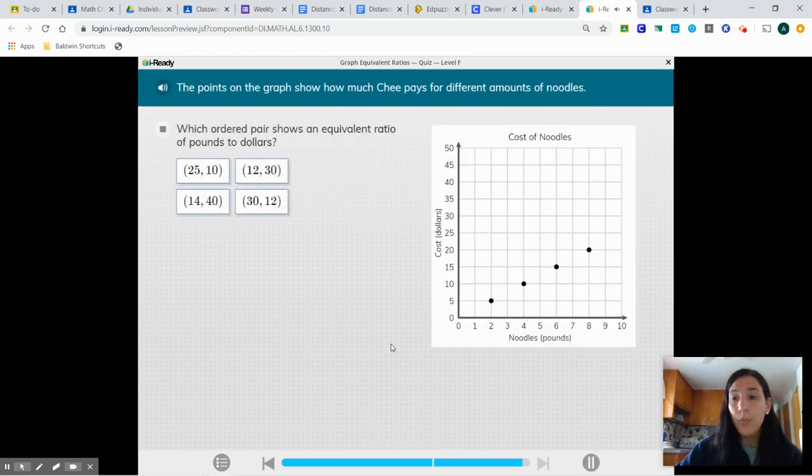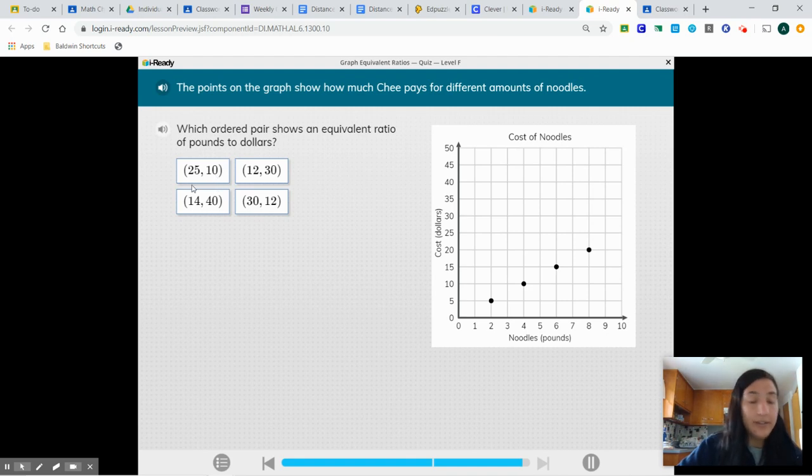Which ordered pair shows an equivalent ratio of pounds to dollars? Now remember, if we do y divided by x, because we see that our graph won't keep going up, we either want to get the simplified fraction of 5 over 2, or if we use the calculator, the decimal 2.5. So let's do this.